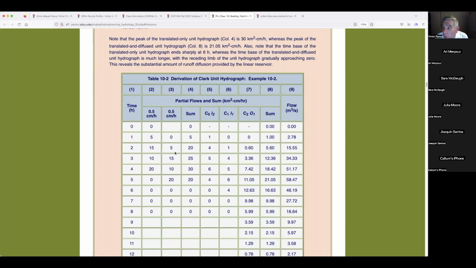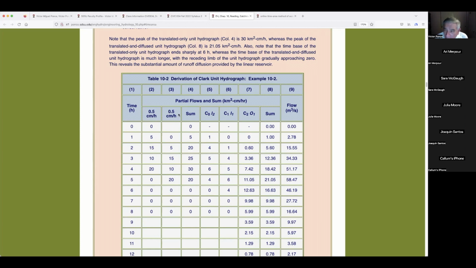Since it's a 2-hour, it would have to be half a centimeter the first interval, and then half a centimeter for the second interval, because half a centimeter per hour will give you 1 centimeter complete in the 2 hours. Here it is, okay? So that's why we have 2. If we have 3 hours, it would have to be 3, and so on and so forth.